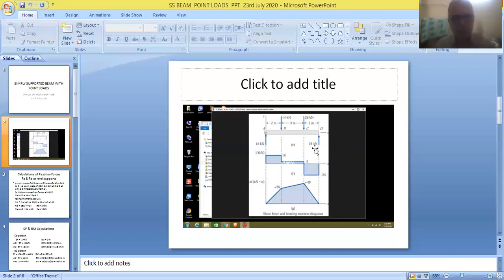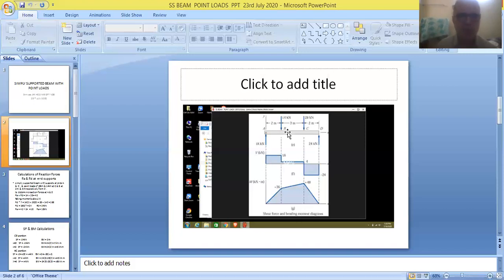Now we have to prepare SF and BM equations for the CD portion. For doing that, we have to consider a vertical section XX at a distance of small x meter from the right end of the beam. This will be useful for framing SF and BM equations so far as the CD region is concerned.